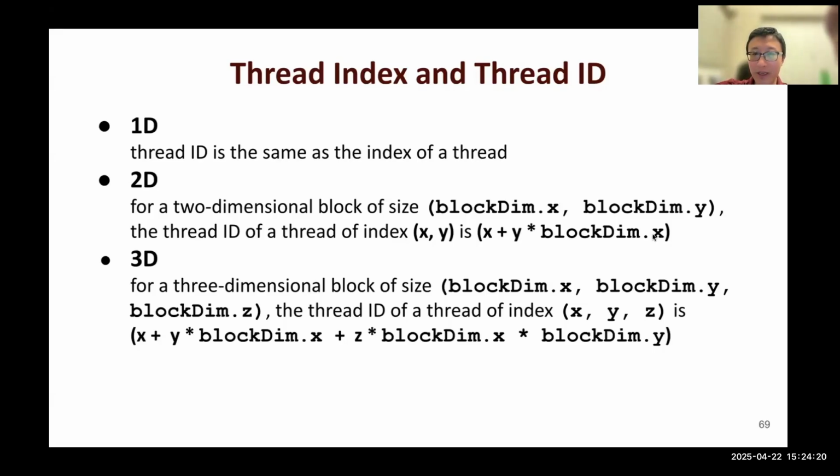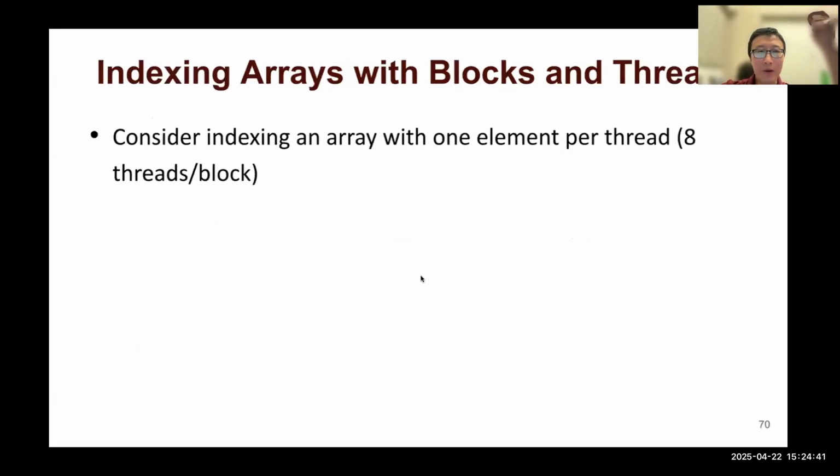That's how you convert this two-dimensional grid size into a one-dimensional index for your array, if you need to do that. You can do the same for the three-dimensional index.